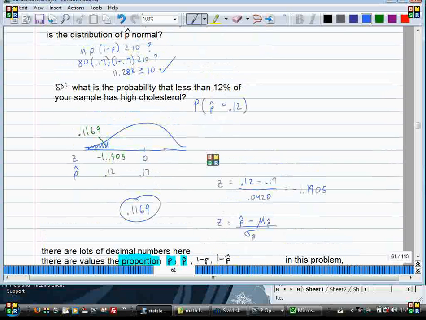Now, in this problem, 0.17 is what kind of number? Is it a proportion or is it a probability? 0.17. I'm hearing mixed. 0.17 is a proportion. What about 0.12?